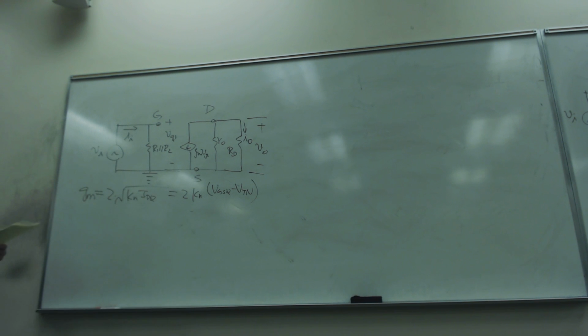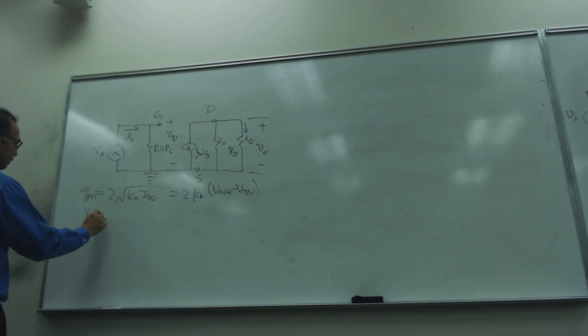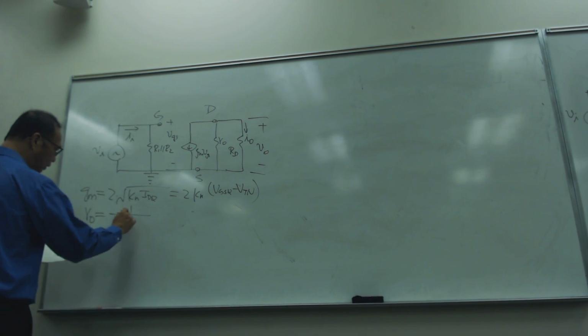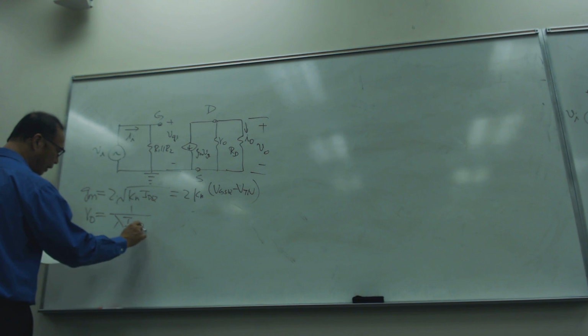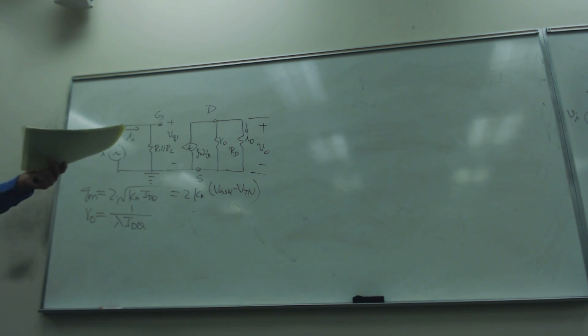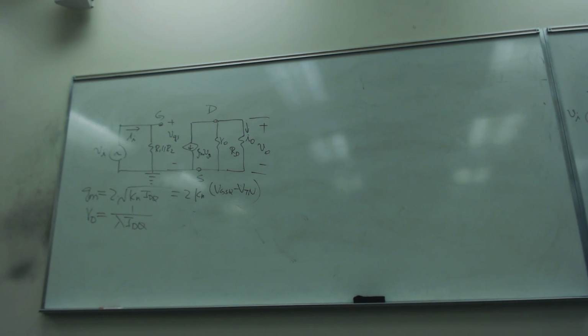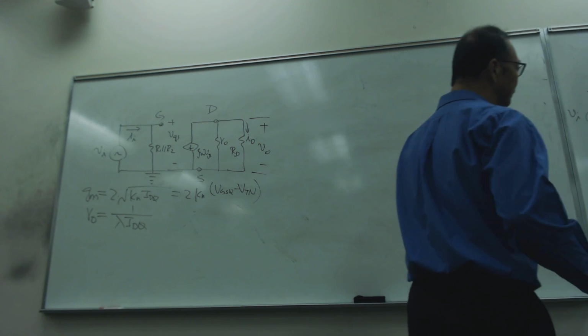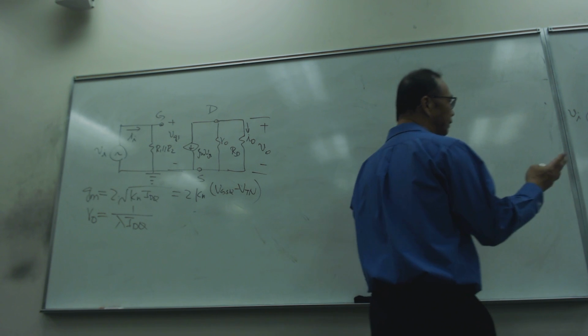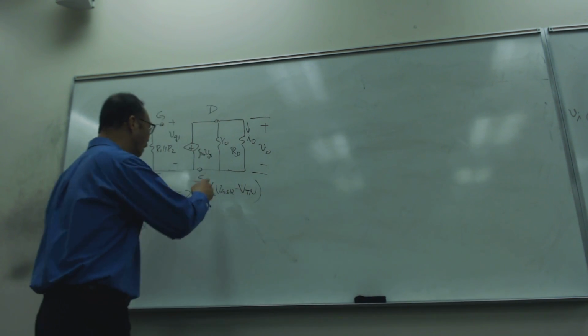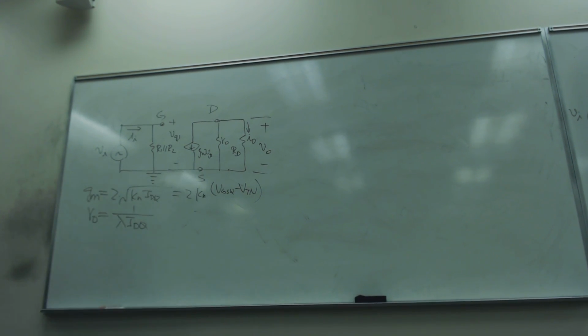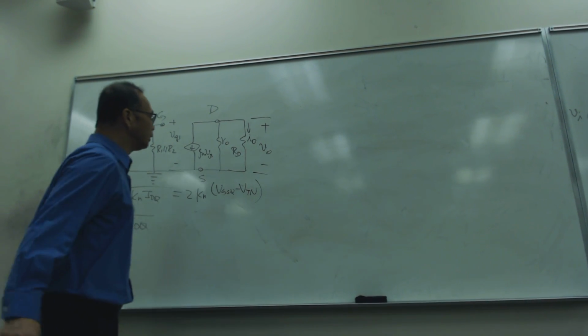Either one is fine, but I don't have a value for that. Then r sub o. r sub o is 1 over lambda IDQ, correct? Lambda is given, by the way. Lambda is 0.01. When lambda is given, you have to include r sub o in the model, so you can do that calculation.